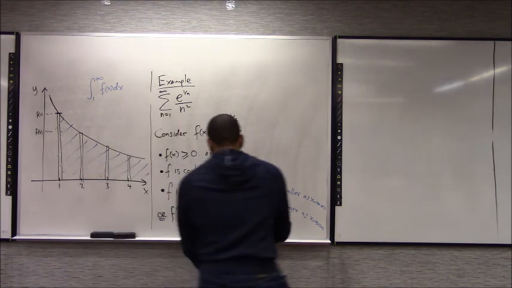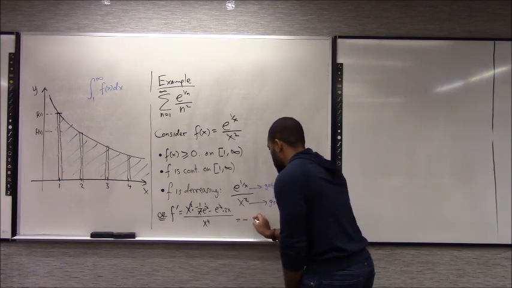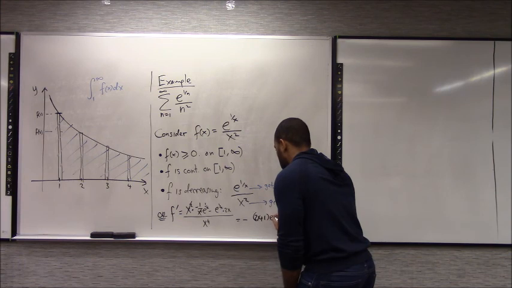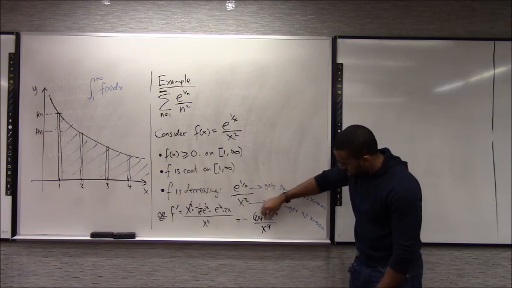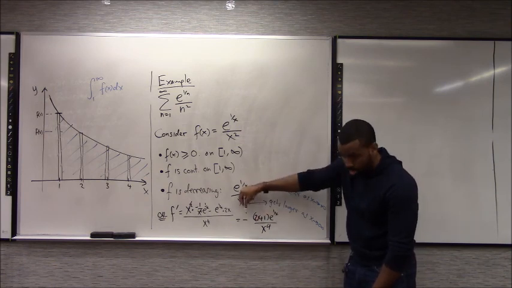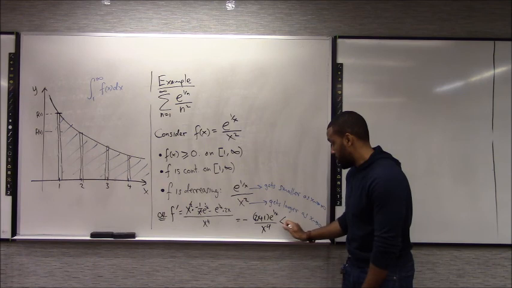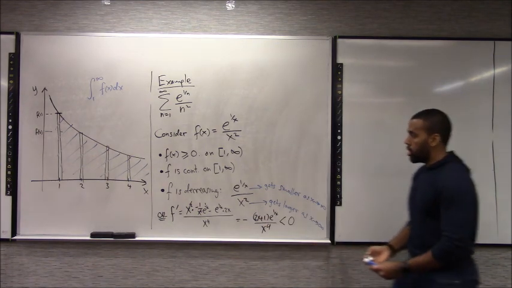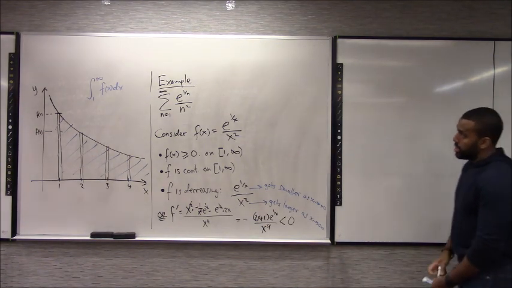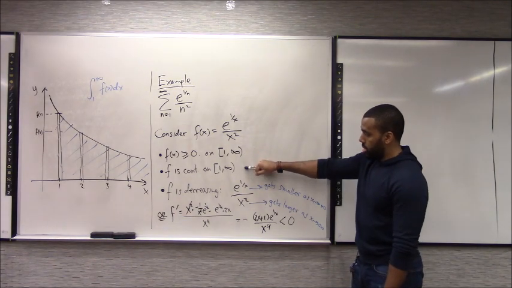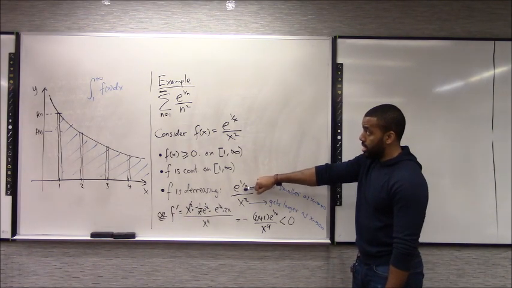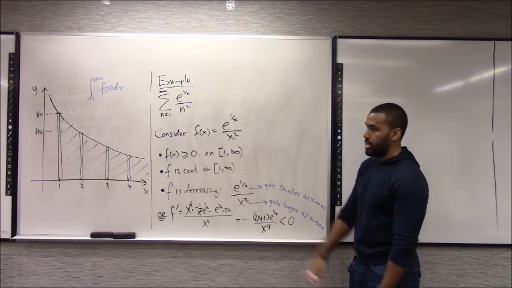What you're going to notice is that this is going to be minus 2x plus 1 times e to the 1 over x, over x to the 4th. Now this part is always positive, x to the 4th is always positive, and we have a negative sign on the outside. So this is always negative. So a couple ways to check that that is decreasing. So here I have something non-negative, it's continuous, and it's decreasing, and you know what? That's actually not hard to integrate.